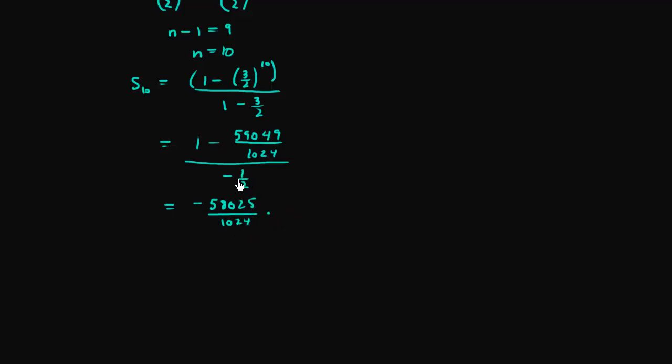And here I've got division by negative a half. Dividing by any number is the same thing as multiplication by the reciprocal, provided that number is not 0. So we have that this is multiplication by minus 2 over 1, or let's just write this as times negative 2.